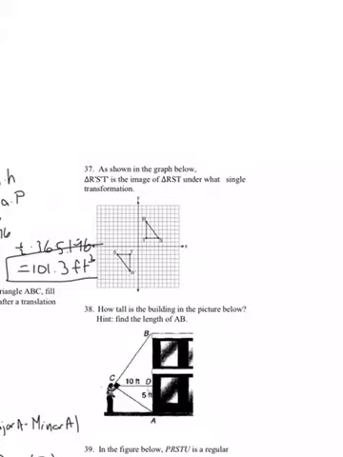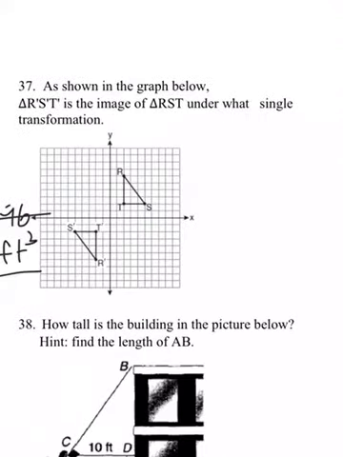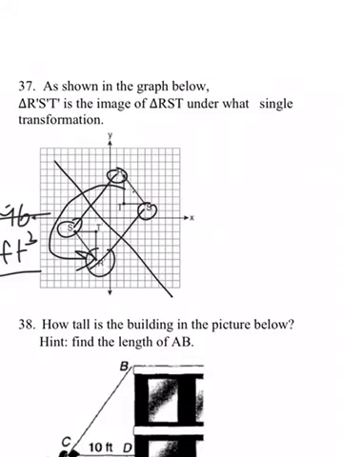As shown in the graph below, triangle R'S'T' is the image of triangle RST under what transformations? So to get from here to here, this has to rotate that way. It can't flip over because if it reflected over this line, a line like that, R would be there and S would be there, but clearly they've changed where they are.